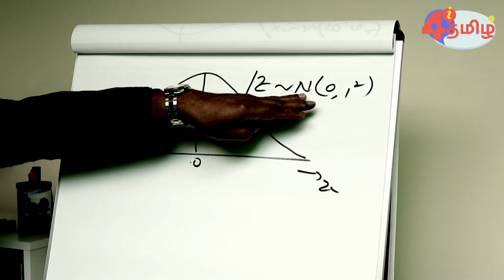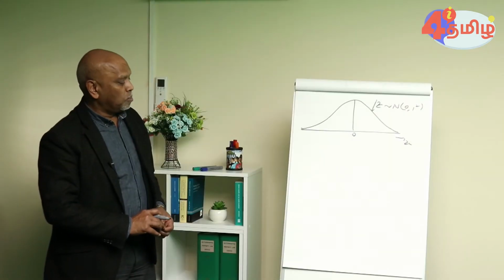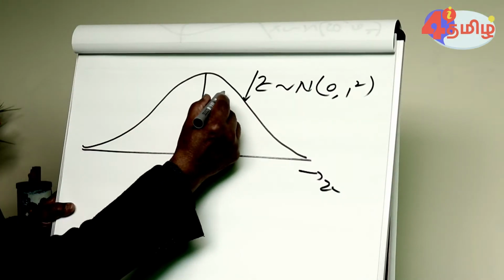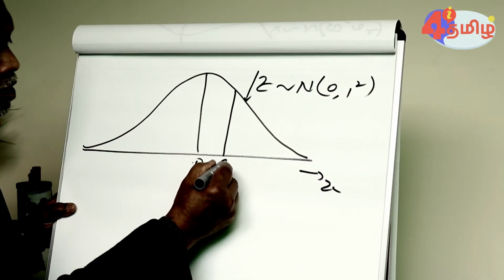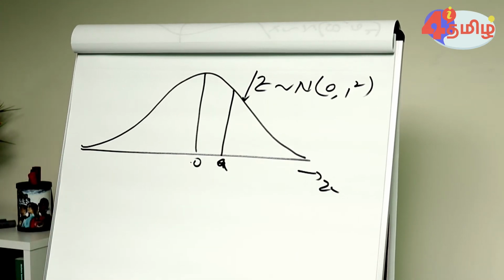If you see this somewhere, you straight away know it is the standard normal distribution. Say, for example, you have a value a, the z value a.